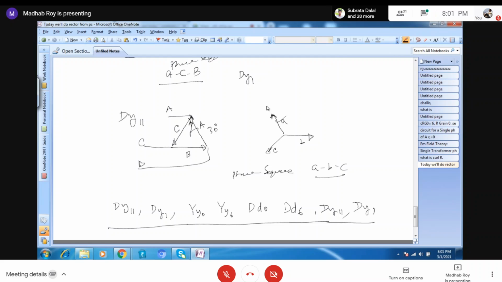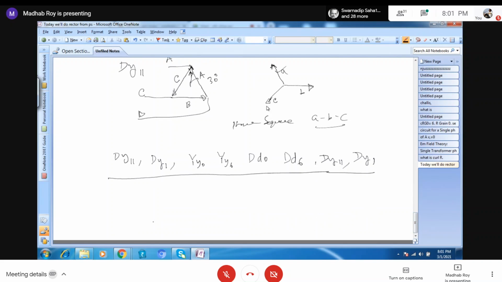So whether it is DY or YD, whatever it may be, there is a 30-degree phase shift.